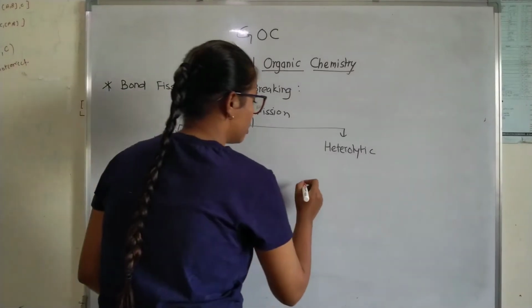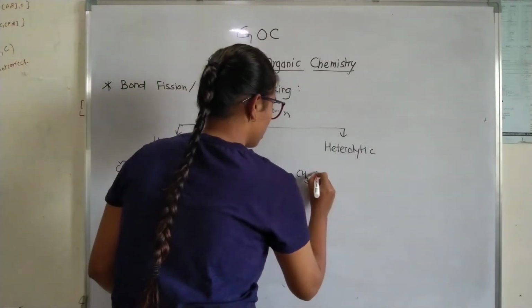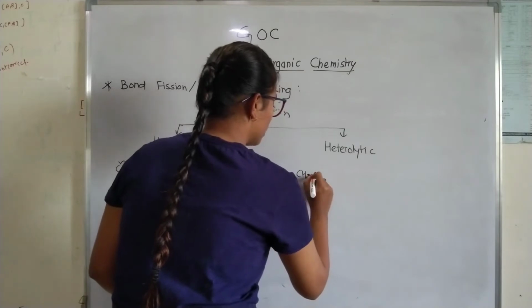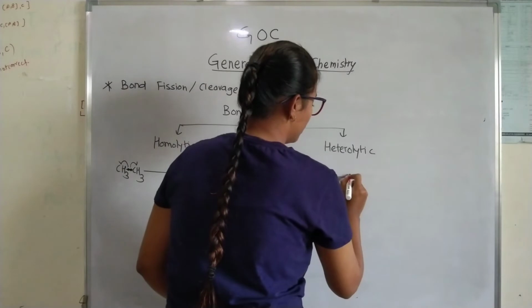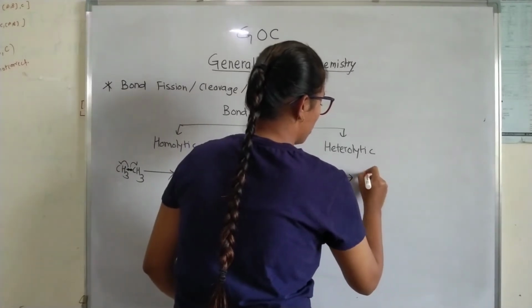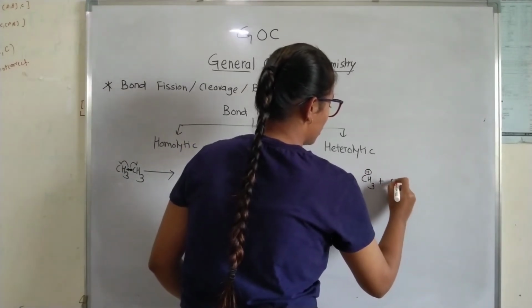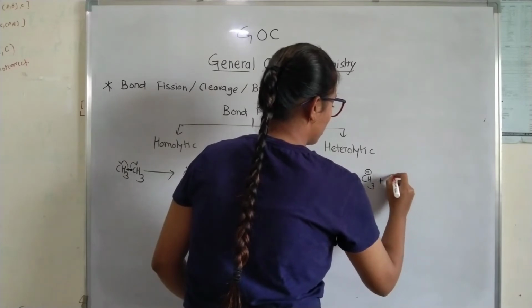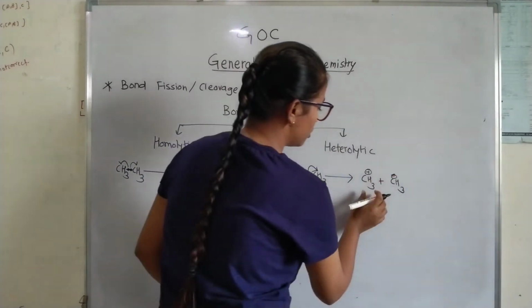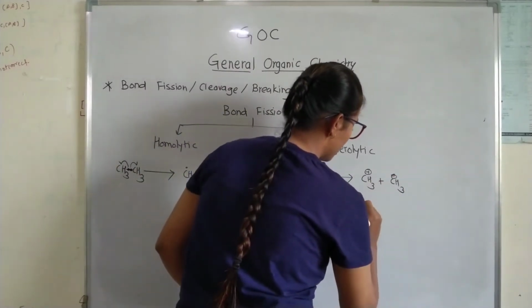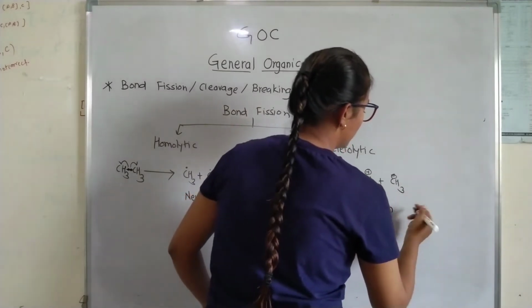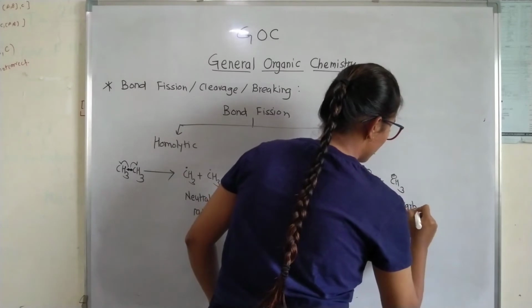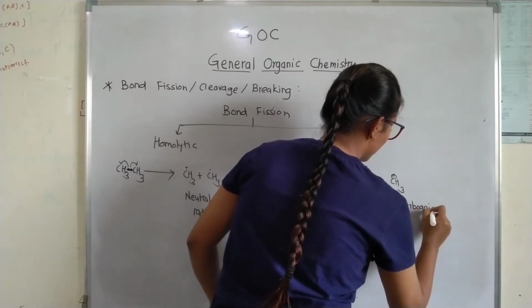In heterolytic fission, both electrons get attracted by a single species, and there is a formation of a positively charged cation and an anion. The positively charged one is called a carbocation, and the negatively charged one is called a carbanion.